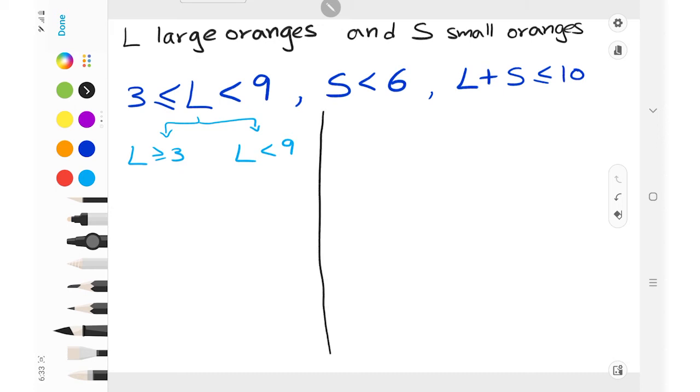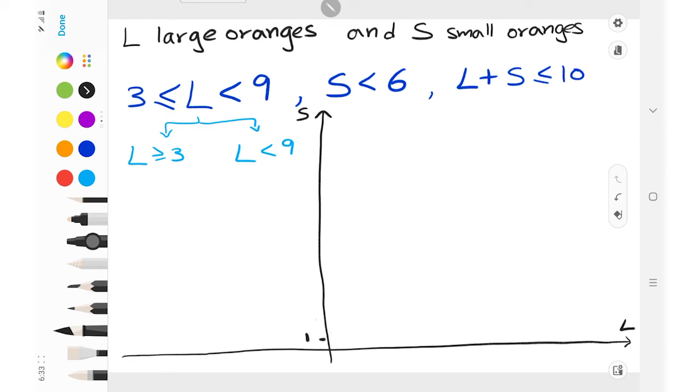I hope it will fit right here. So the L will be the x-axis, the S will be the y-axis. We want 1, 2, 3, 4, 5, 6, 7, 8, 9, and 10.